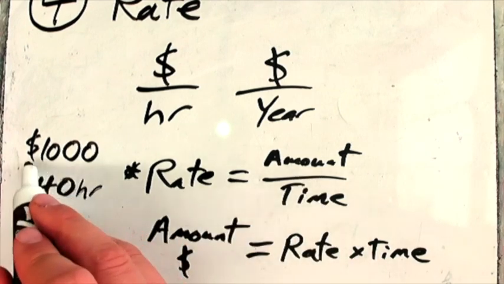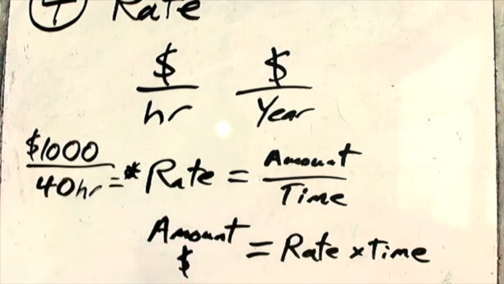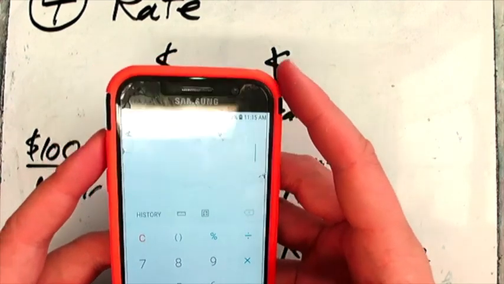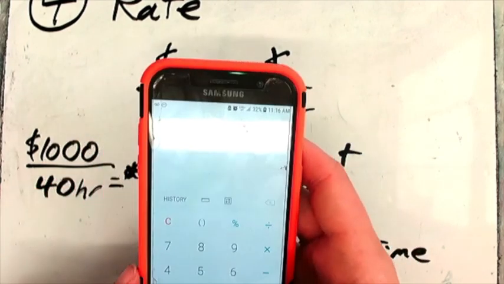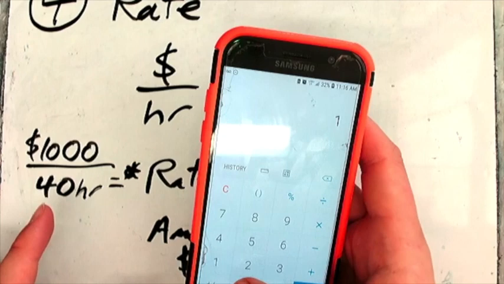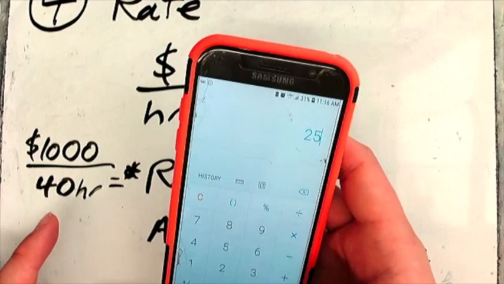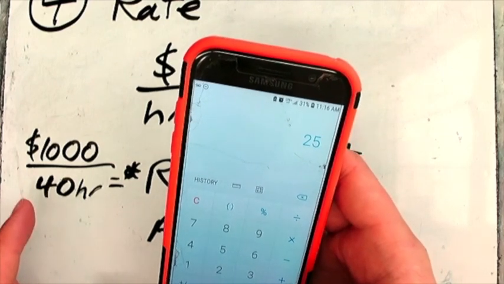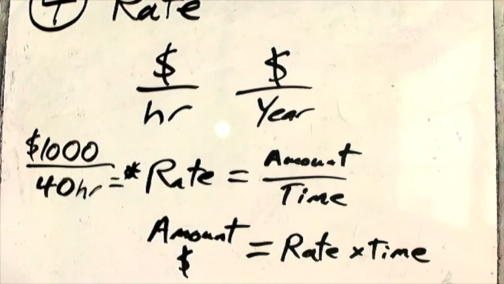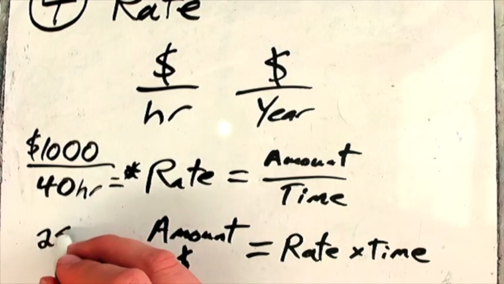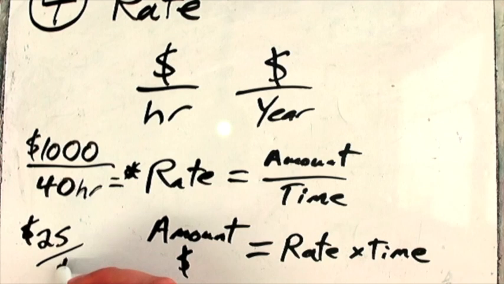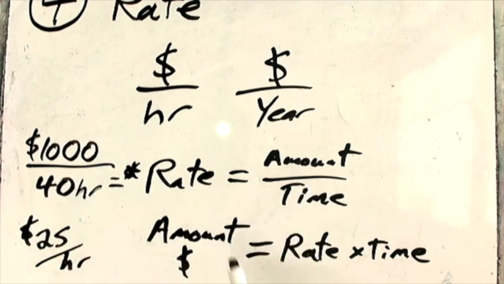So I'm actually going to have the amount, 1,000, divided by 40, and that's going to be the rate that I would have to make, or the salary. So if I pull out my trusty calculator here, and I plug in 1,000 divided by 40, I'm going to get 25. So 1,000 divided by 40 is 25. So what does that 25 mean? Well, that's $25 per hour is what I would need to get paid, or the rate.